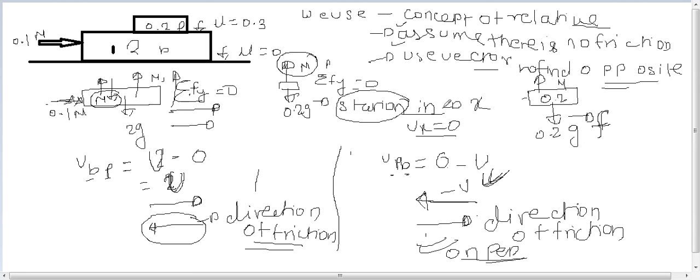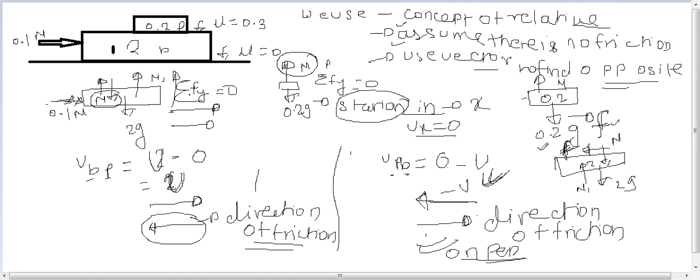Okay guys, now in this case the reaction of friction will be, okay, this is the 2 kg block, so here this will be 2g, and here this is N1, and here this is N, and this will be the reaction of friction, and this is f.